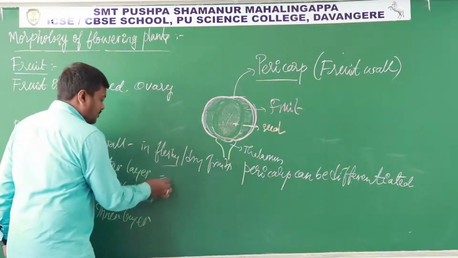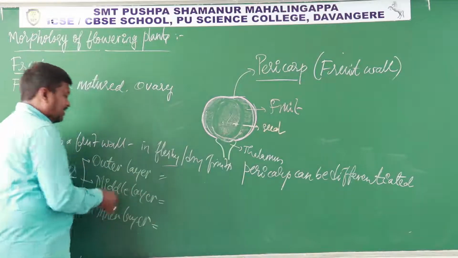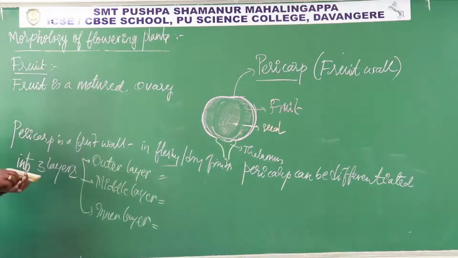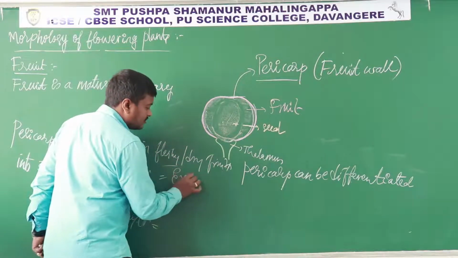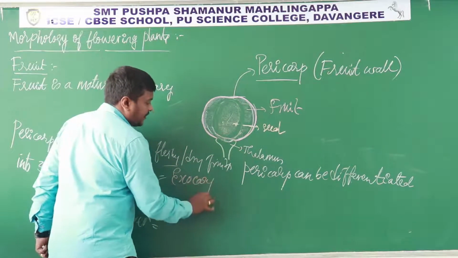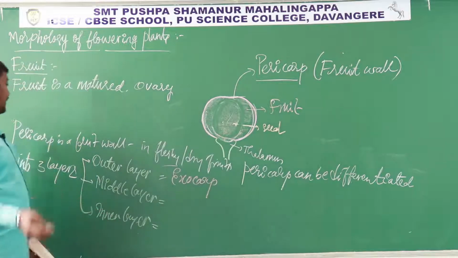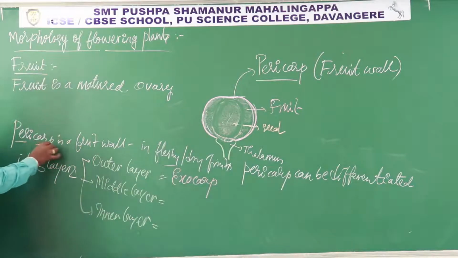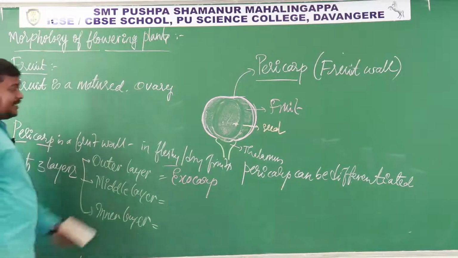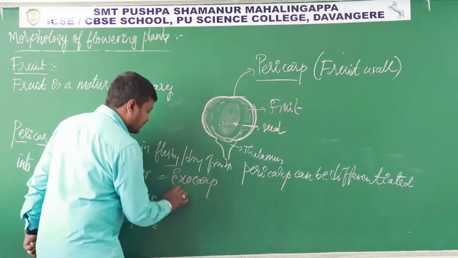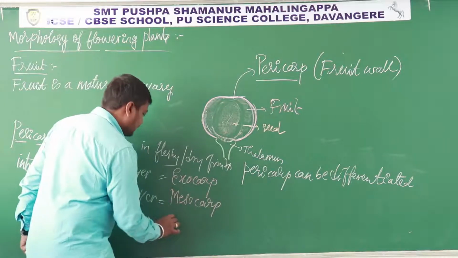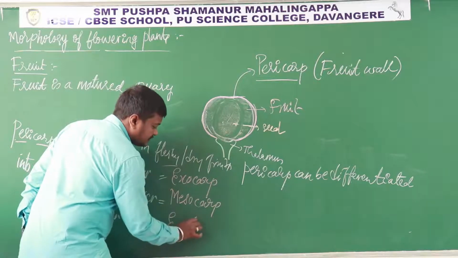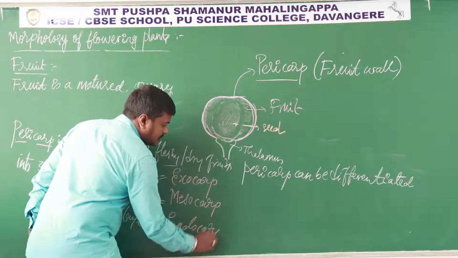So these are the general terms, but in botanical or technical terms, the outer layer is called exocarp. Carp means fruit related, peri means outermost, so carp means the outermost part of the fruit. Here, exocarp. The middle layer is mesocarp, and the inner layer is called endocarp.